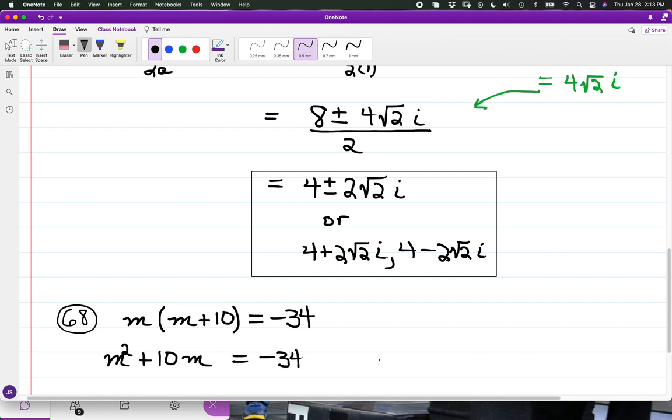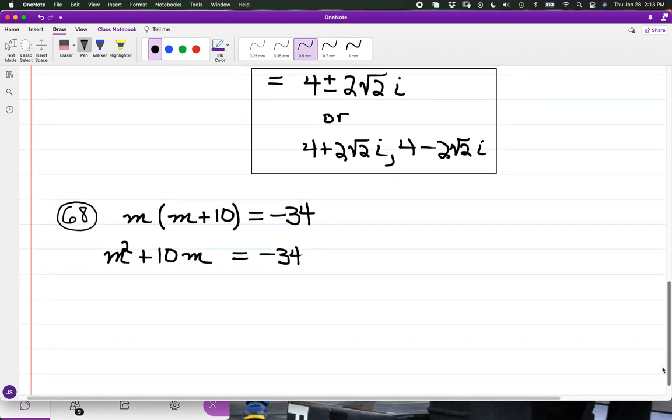So we have another quadratic equation, this time in the variable m, and it is not yet in standard form. So if I move the 34 over, we have m squared plus 10m plus 34 is equal to 0.